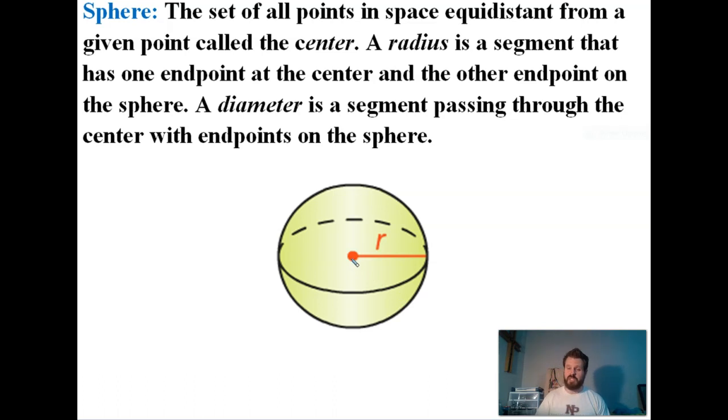So in other words, radius goes from center to the edge, just like with a circle. And then a diameter is a segment passing through the center with endpoints on the sphere. So in other words, diameter will go all the way through, just like a circle. The radius will be half the diameter. Diameter is twice the radius, just like with a circle. Basically a sphere is a three-dimensional circle.